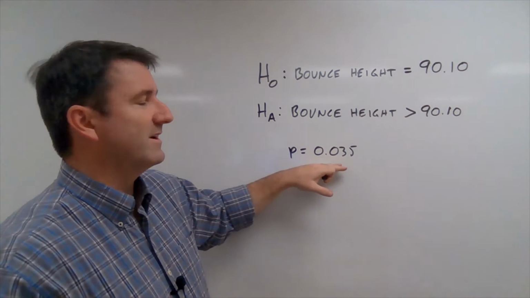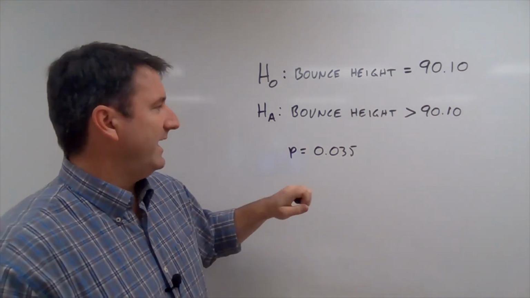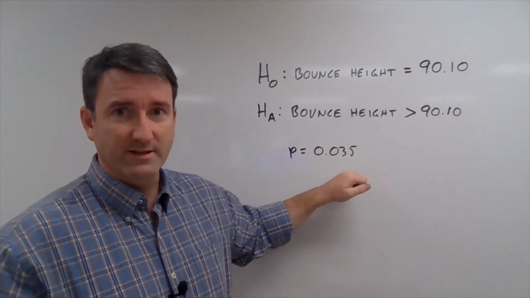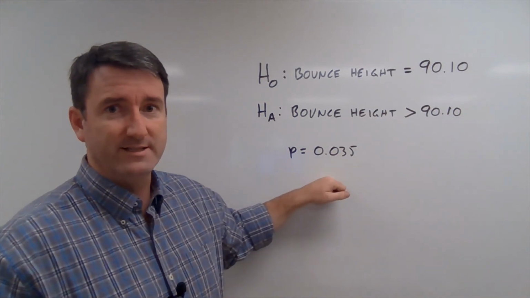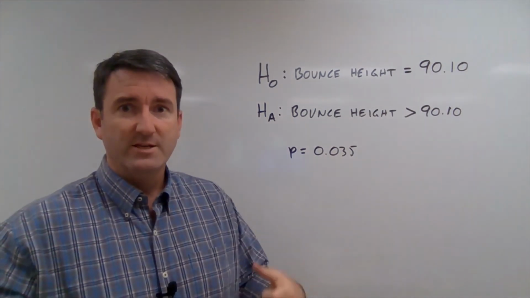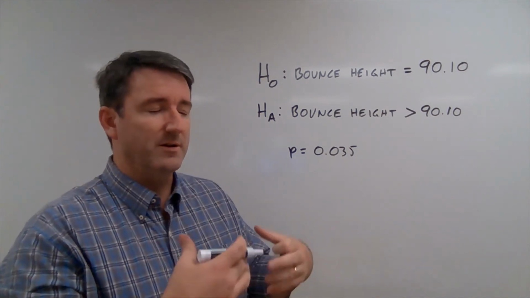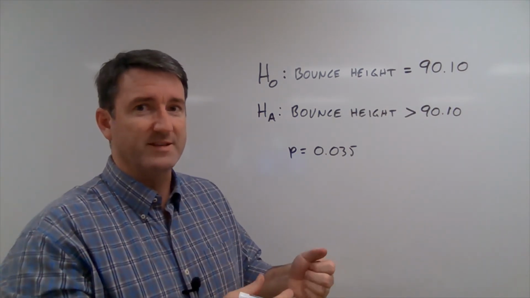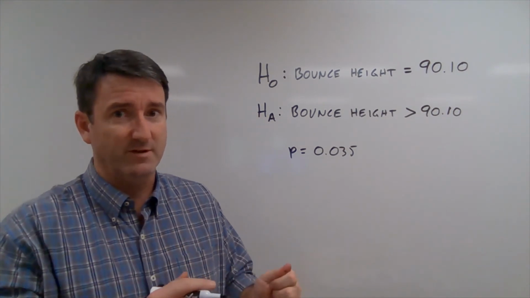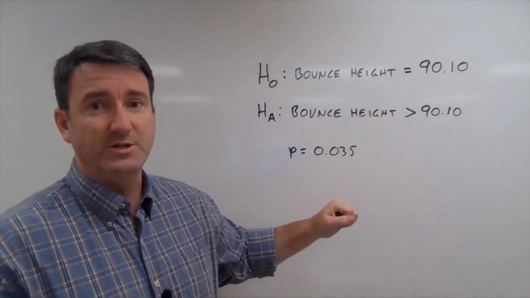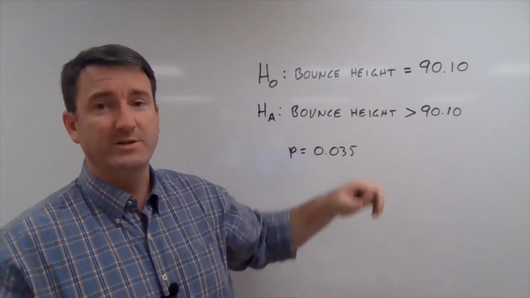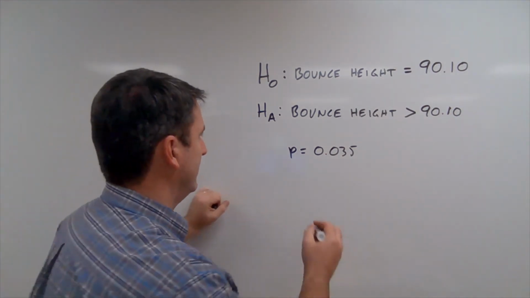So we have a couple of different answers here. If our predetermined level was 0.05, so if we want to reject or not reject the null hypothesis at the 0.05 level, then here we are going to reject the null hypothesis.